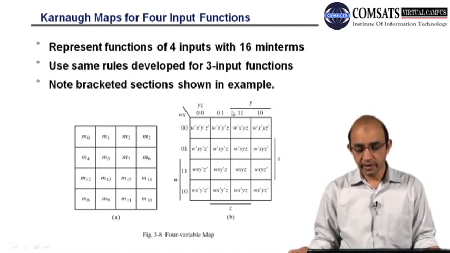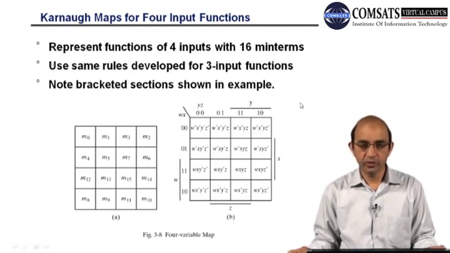If we have the ones in the corresponding position of all those boxes, we will be left with only one literal, that is Y. And if we take this quad, you are left with X only.